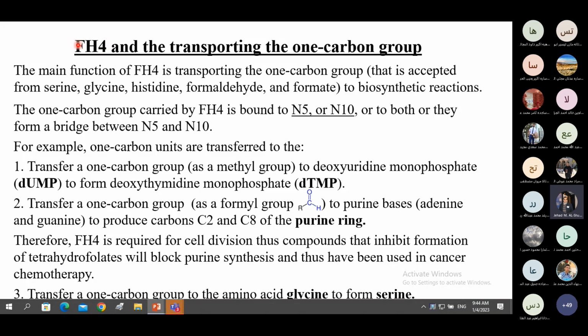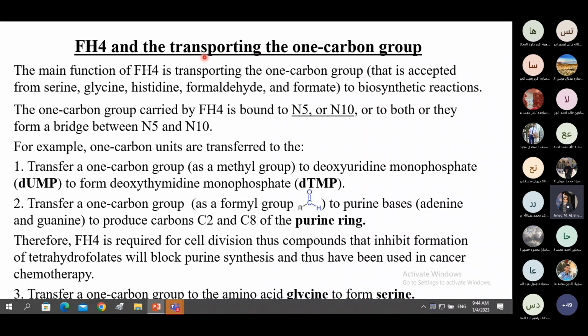Now, see here, and this is very important. Most of the activity of the FH4 comes through transporting the 1 carbon atom. So FH4 is very important. It plays very important functions in our body, the ones that we studied. Through what? Through transporting.